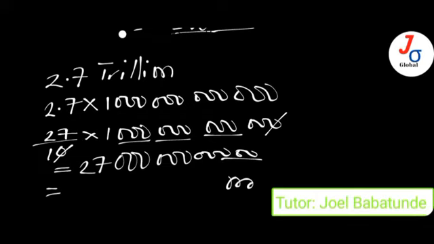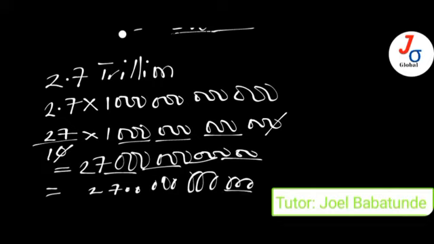Then 3 zeros, 1 2 3. Then 3 zeros, 1 2 3. Then 3 digits, that's 0 0 7. And then we have 2. So how do I write this in words? This is 3, 6, 9, 12, and this is 2.7 trillion. So that's it.